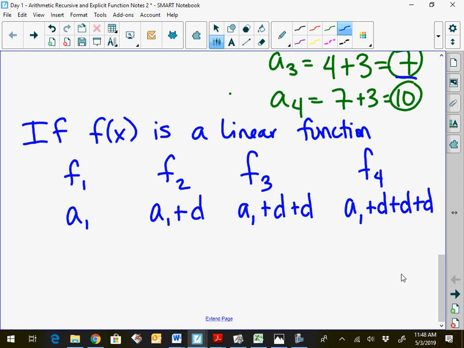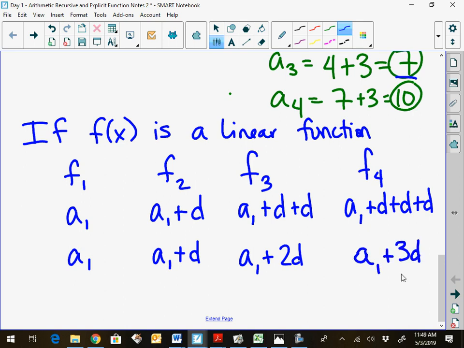Now I'm using that to help me figure out my explicit form of this. So a sub 1, we still have a sub 1. F sub 2, we have a sub 1 plus d. And then we can start writing this in an easier way. So plus 2d's, and a sub 1 plus 3d.